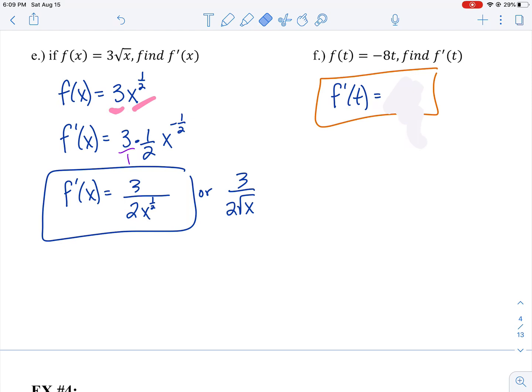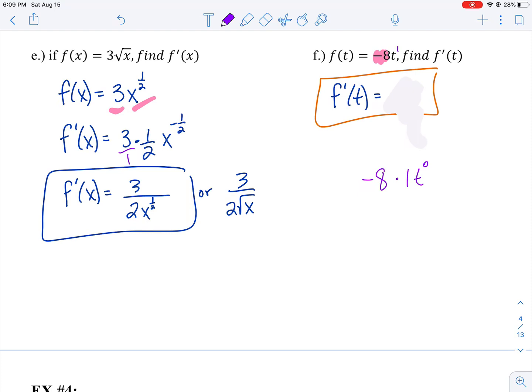If f of t is equal to negative 8t, and we want to find the derivative. Well, I have a negative 8, that's a coefficient, and then I have t, or can I really say t to the first? And so if I use my power rule here, if I leave the negative 8, and I use my power rule to bring forward my exponent, and then subtract 1 from my exponent, 1 minus 1 is really 0, right?